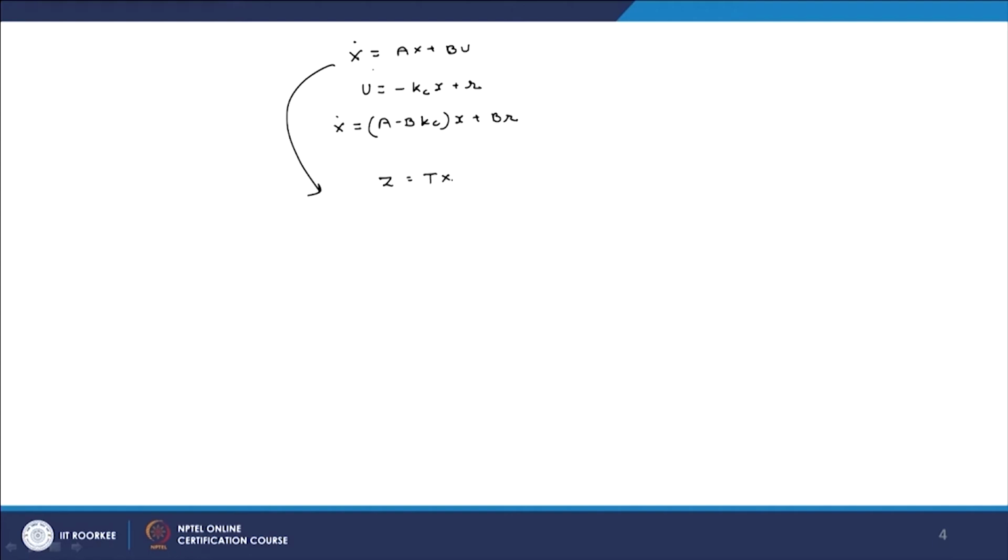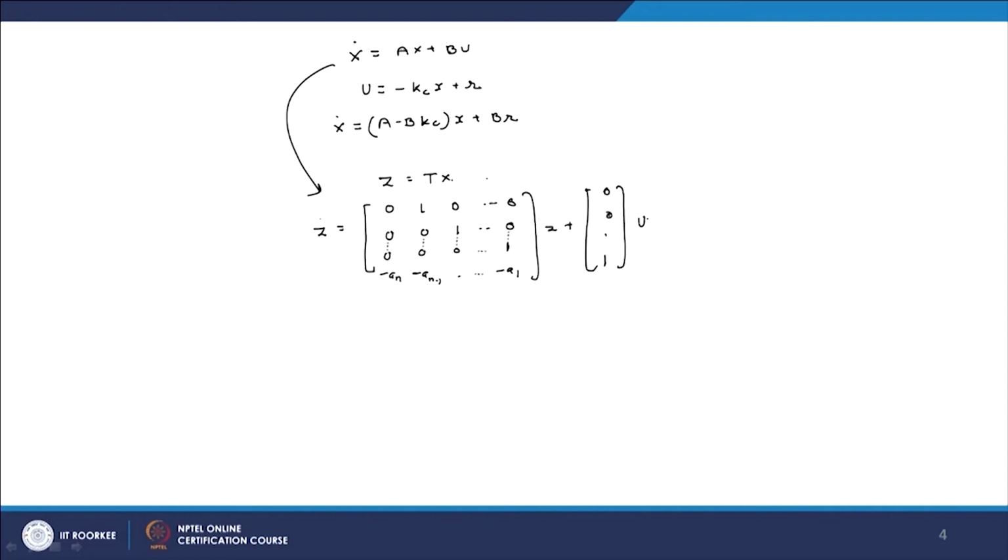This given system can then be converted into controllable phase variable form, which looks like this: z dot equals the matrix with rows 0 1 0 ... 0, 0 0 1 ... 0, and the last row minus a n, minus a n minus 1, ... minus a 1, times z, plus 0 0 ... 1 times u.